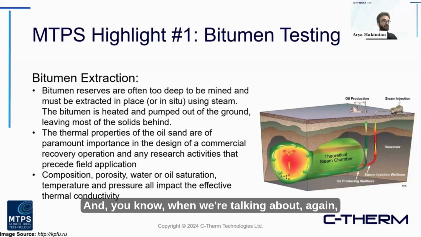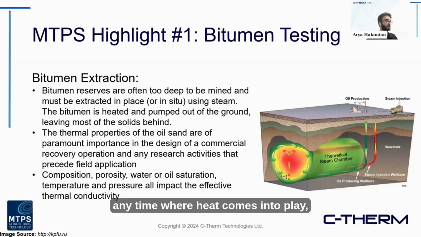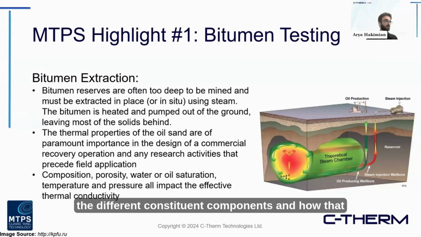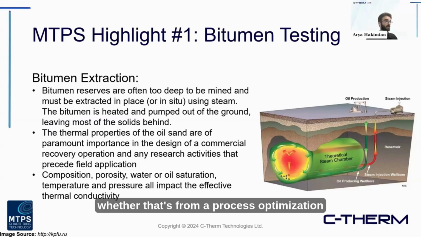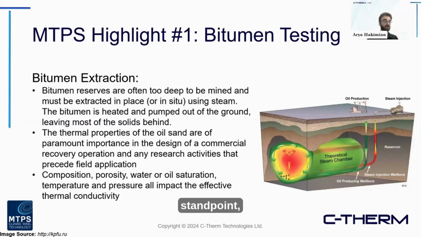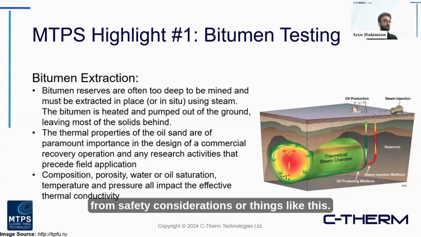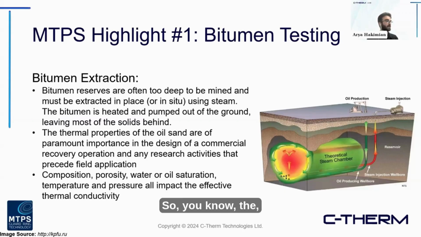And anytime heat comes into play, the heat transfer properties, those thermal properties of not only the oil sand, play a large role here, but also the surrounding materials. You really have to understand the different constituent components and how the introduction of temperature will impact those systems, whether that's from a process optimization standpoint, from safety considerations, or things like this.